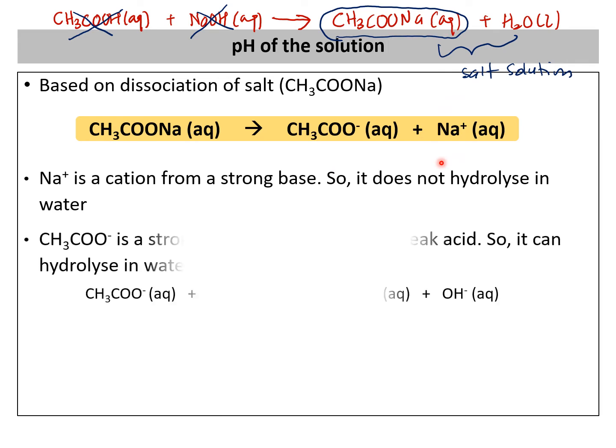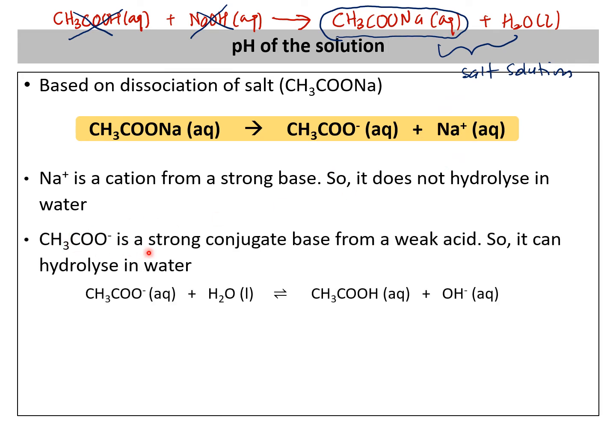So, in this one, CH3COO- is a strong conjugate base from a weak acid, so it can hydrolyze in water. So, tulis terus siap-siap dia punya hydrolysis. Okay, last time there's someone asking me, Madam, macam mana nak tahu dekat sini kita nak tulis cation ke ataupun kita nak tulis strong conjugate base? Okay, usually this is your anion, this is your cation.